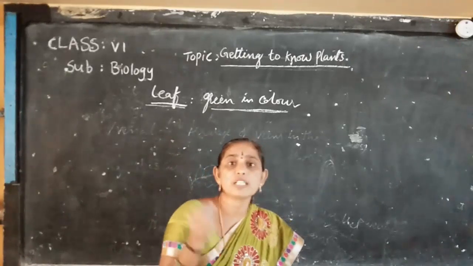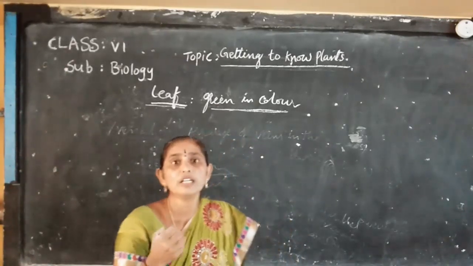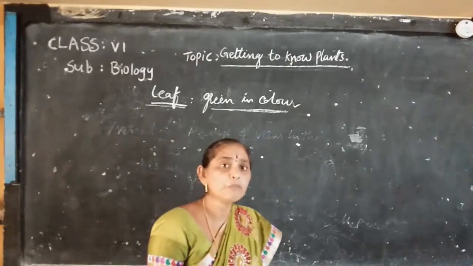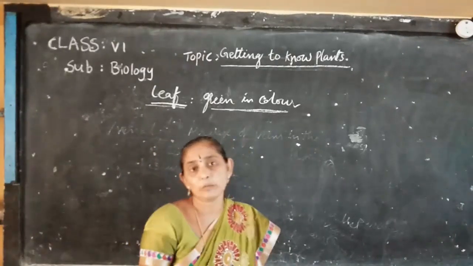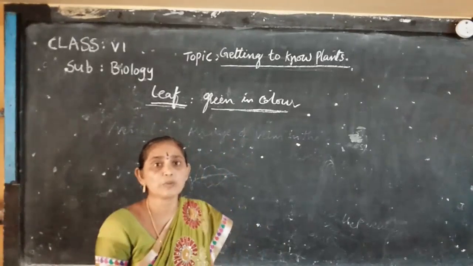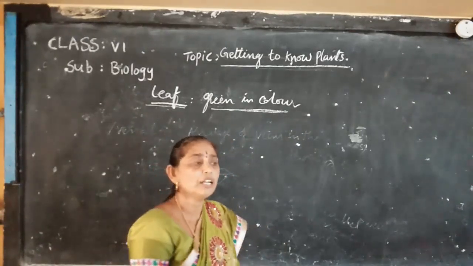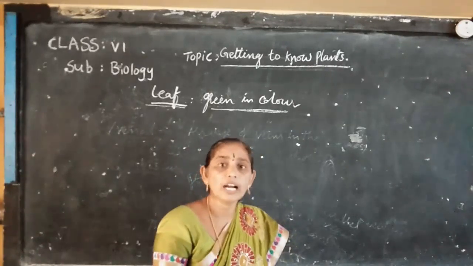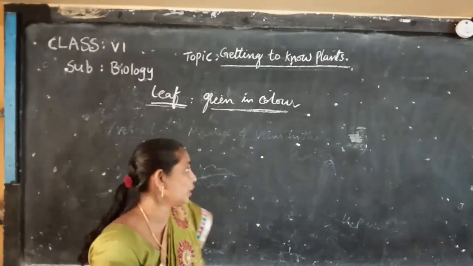Some have big leaves, some have small leaves. In the same way, venation also differs from one plant to another. For example, grass plants have parallel venation, and hibiscus, neem, mango have reticulate venation.